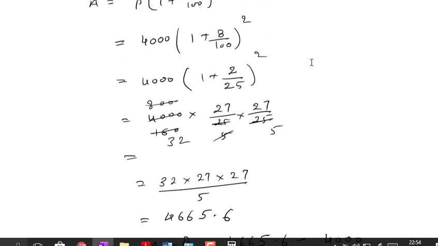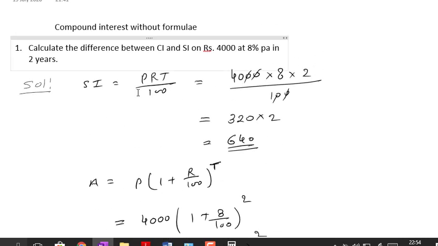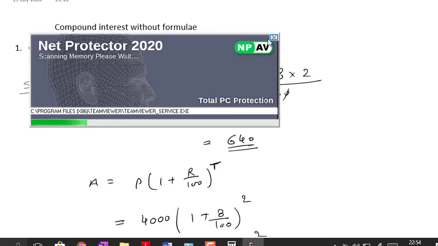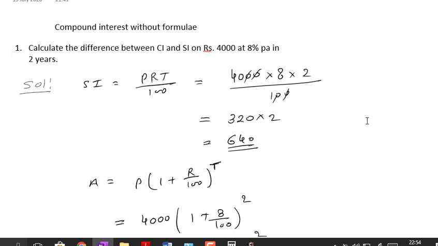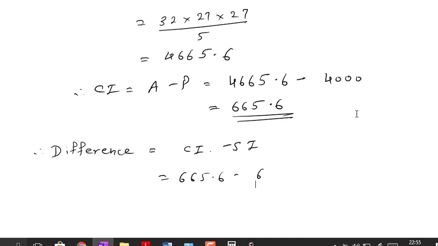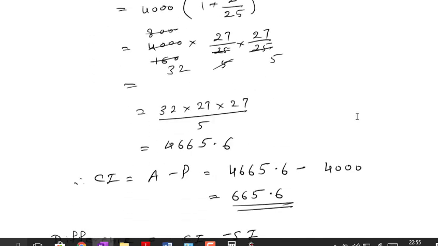And what is simple interest? 640. The question is to calculate the difference between compound interest and simple interest. So the required difference is equal to compound interest minus simple interest, which is 665.6 minus 640.